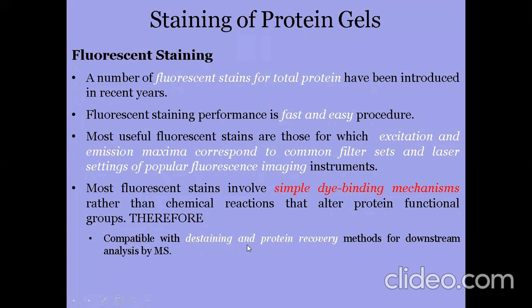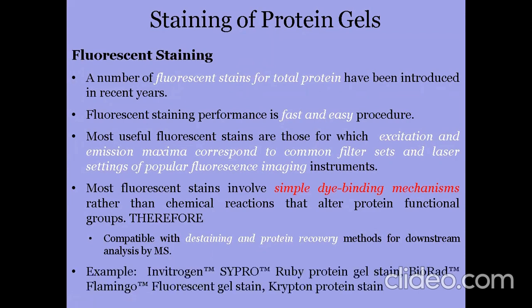We can easily destain the protein, and the protein can be recovered for downstream analysis by mass spectroscopy and other applications, MALDI-TOF, etc. Examples are Invitrogen SYPRO Ruby protein gel stain, Bio-Rad Flamingo fluorescent gel stain, and Krypton protein stain. They are all commercial fluorescent protein stains. Am I clear?